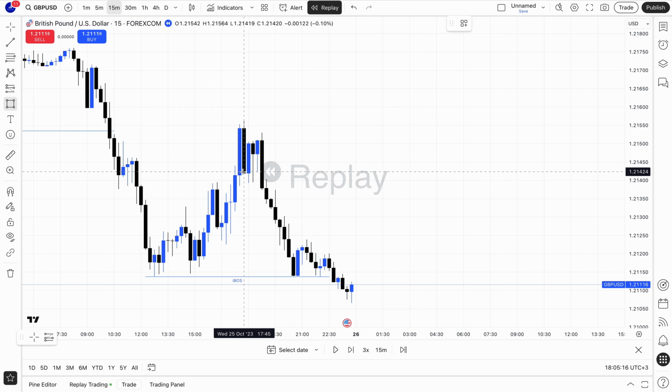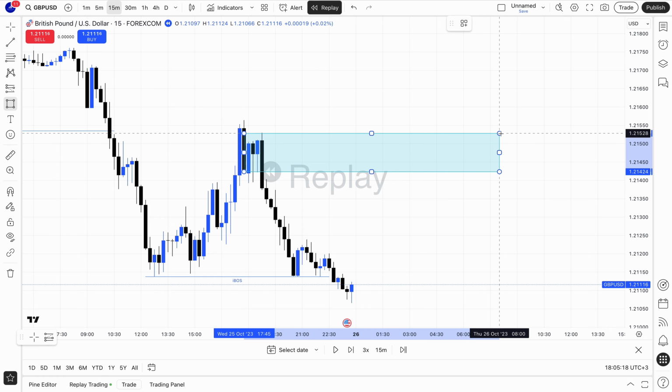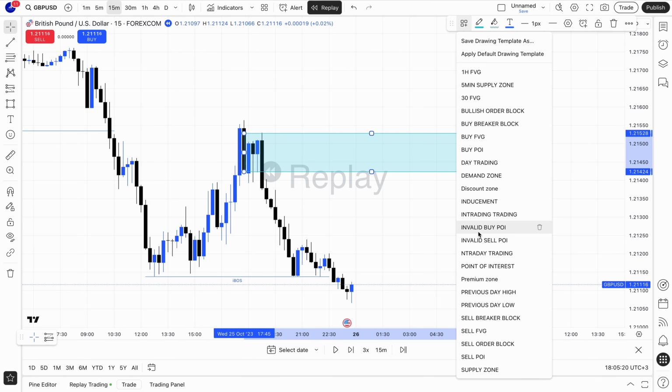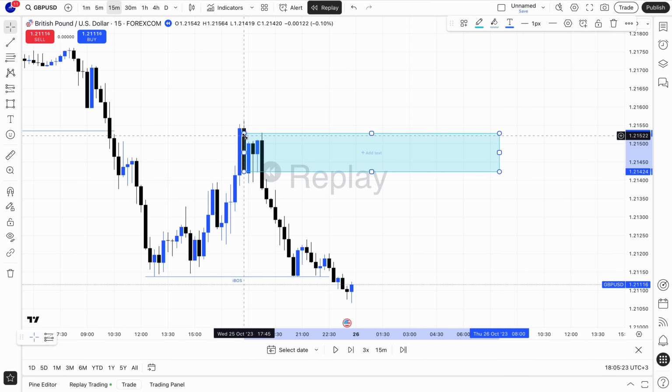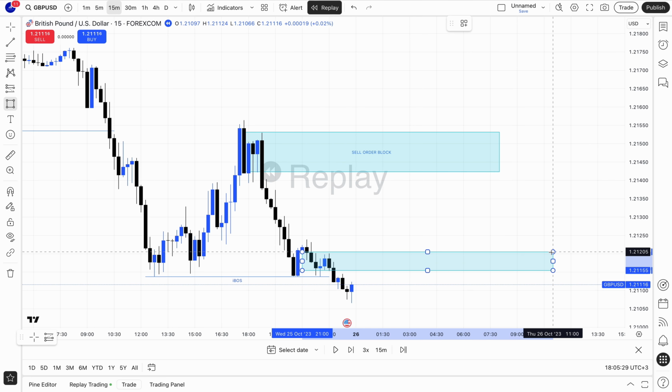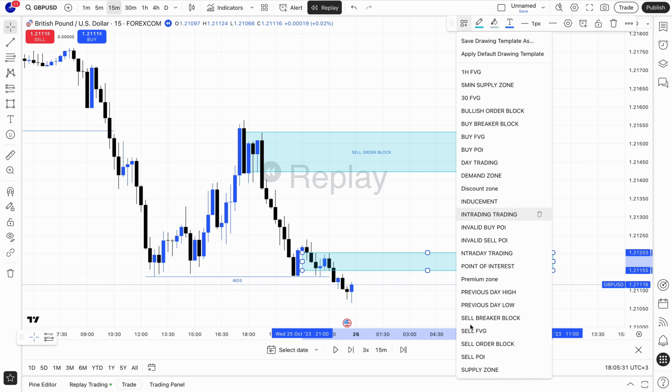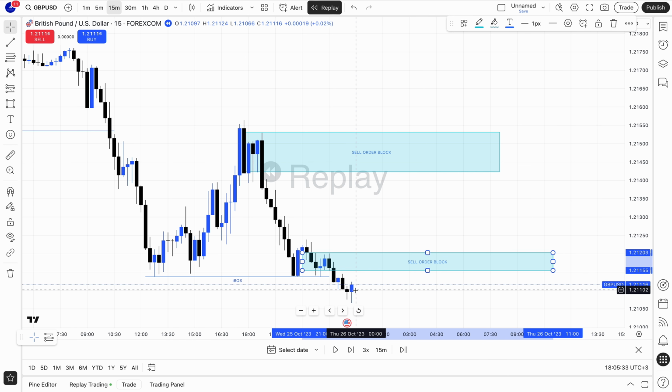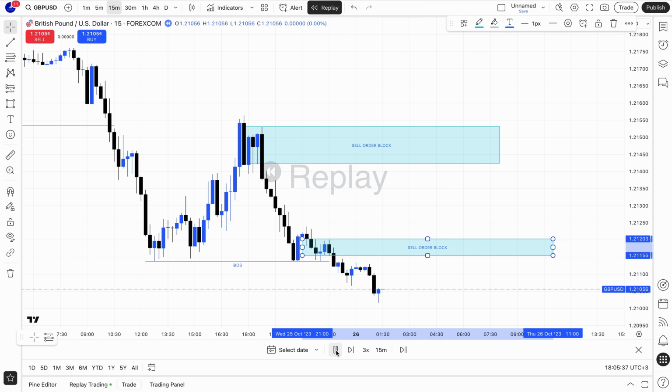We have our supply zone here, the first one. Or another supply zone here. This sell order block, and it's very late. Need to wait for London open.